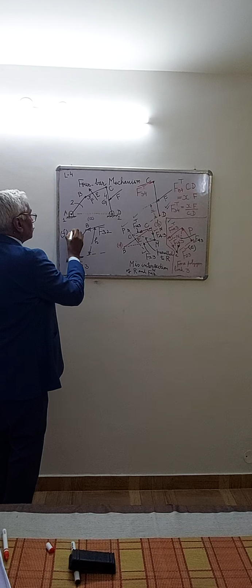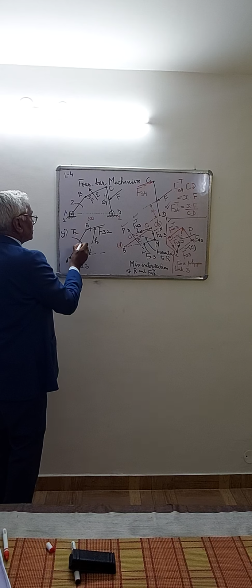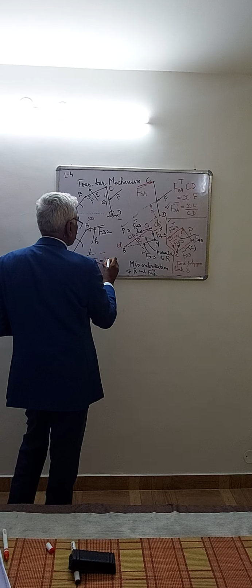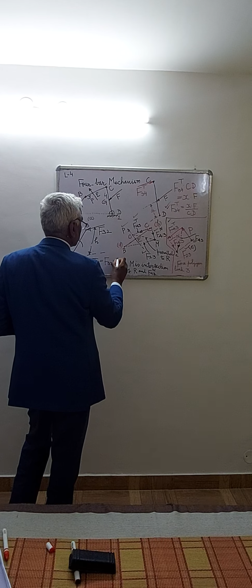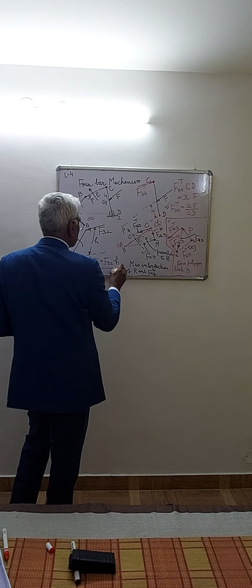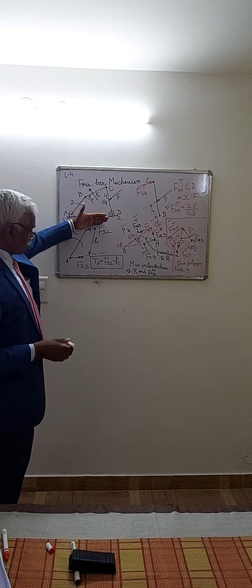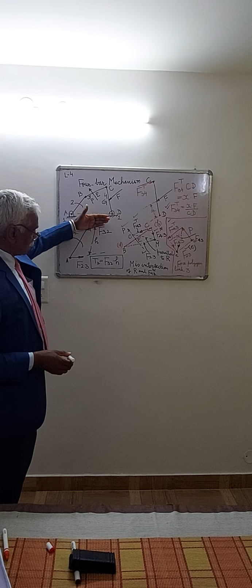Then what is the magnitude of T2? T2 will be F32 into h. That is the torque, the couple acting on link number 2. The line of action of this force will be parallel to this.